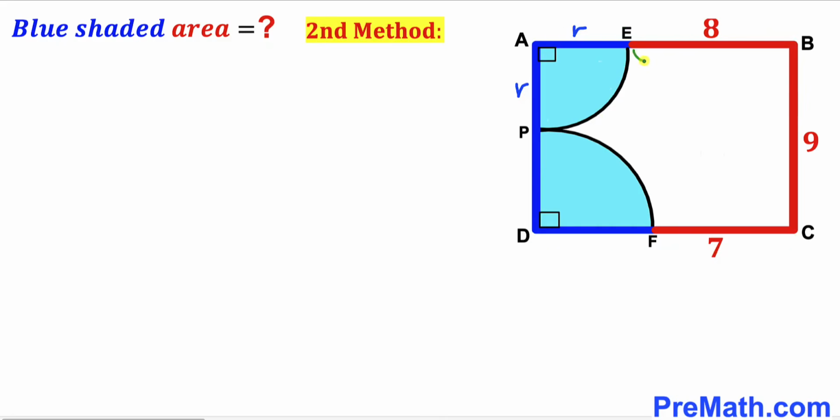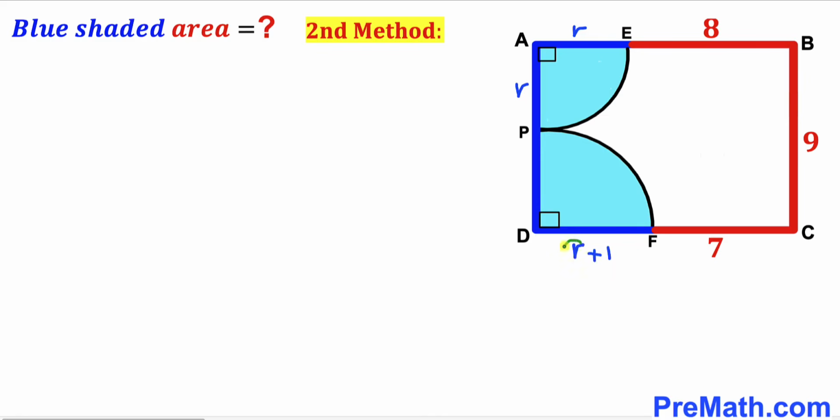And we know this segment length is 8, and this segment length is 7. So therefore we conclude that this radius of this larger quarter circle has got to be lowercase r plus 1.